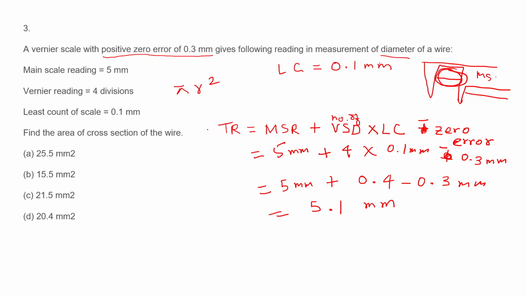So what we have calculated is actually the diameter. In that case, this will be pi times 5.1 divided by 2 whole square. So this will be the area that we need to obtain. And okay, again I used the calculator for this.